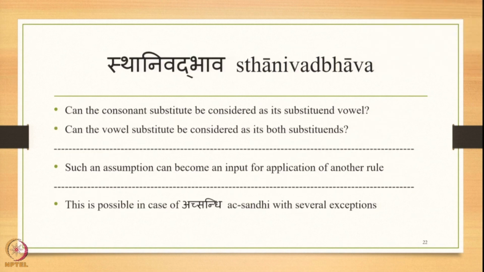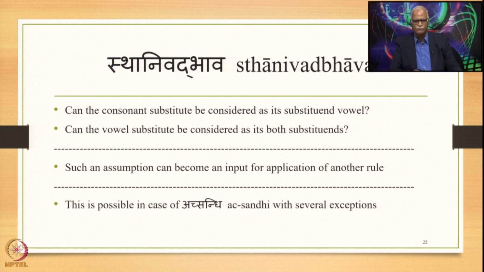So, when we know what is a sthanin and what is an adesha, the next very important term and the technique used in the Ashtadhyayi is sthanivad bhava. This will also be part of our discussion. This poses some questions and then there is an answer. The questions are, can the consonant substitute be considered as its substituent vowel, as is the case with ekasthanika ekadesha?